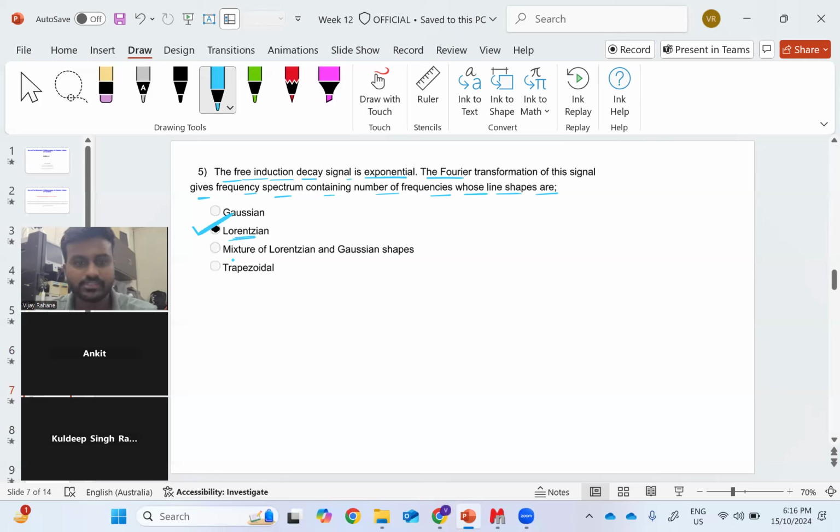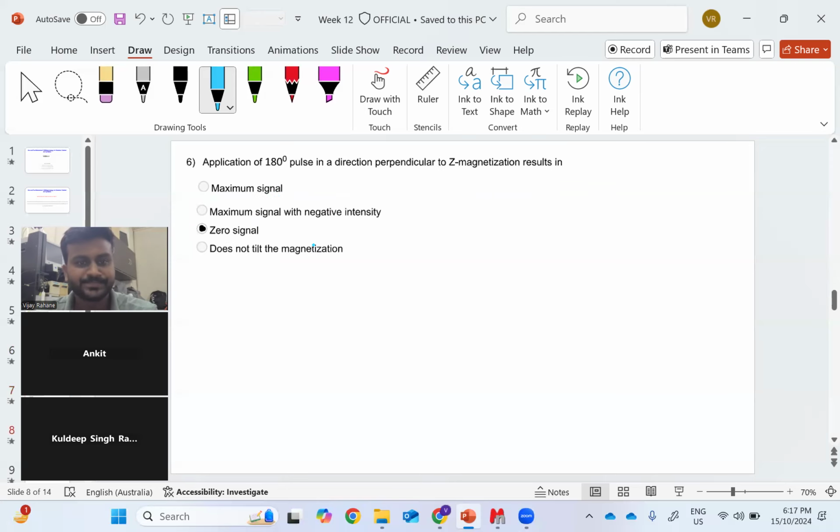Generally, you see Gaussians. These are the kinds of frequency spectra we get; sometimes we get Gaussian, sometimes Lorentzian. There are multiple types, and this is also one of the types of frequency spectra, trapezoidal. But in the case of the Fourier transform of the NMR signal, it will be a Lorentzian.